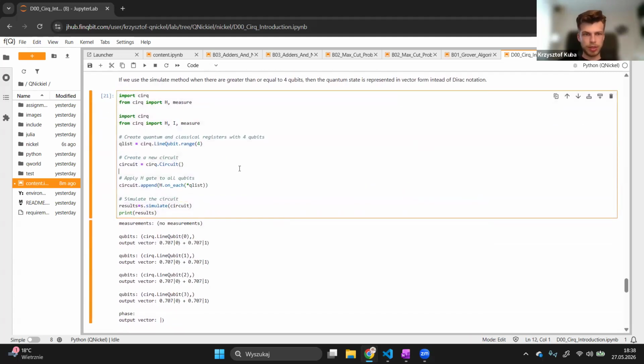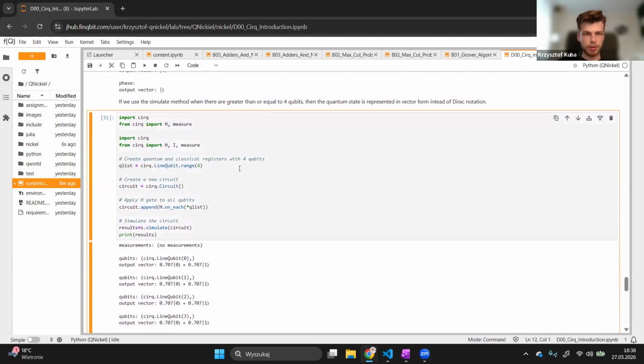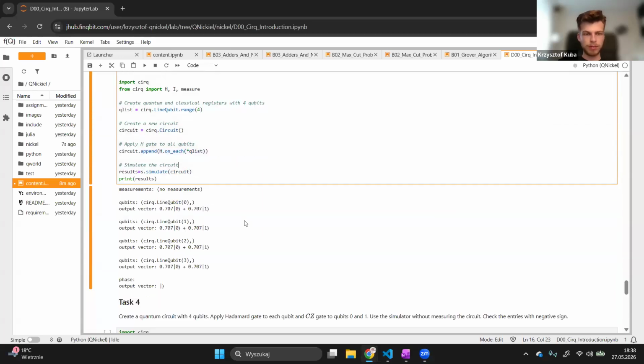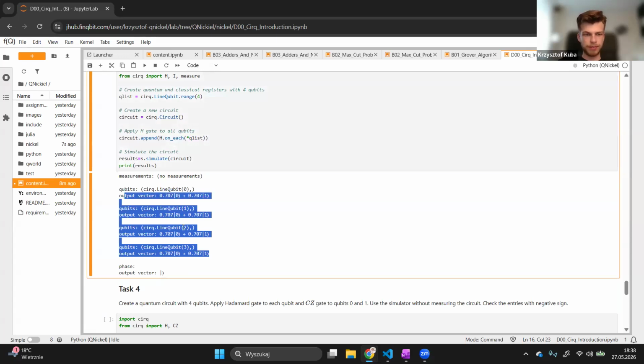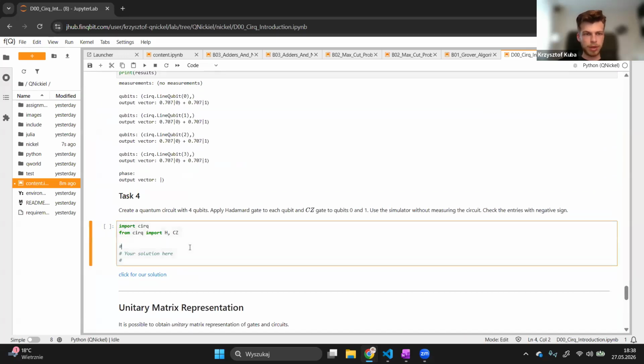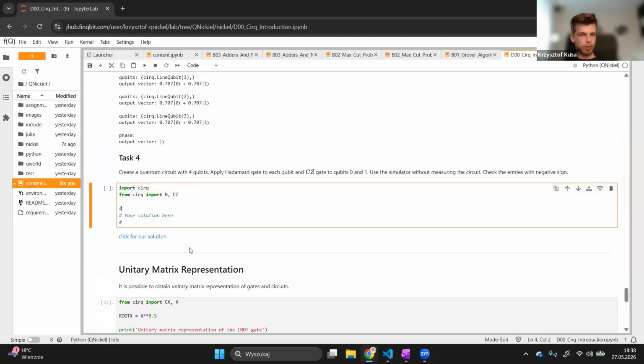And we can also do this with more qubits, like range 4, and applying Hadamard gates on each qubit. It's very similar. So in task 4, you have to create a quantum circuit with 4 qubits, apply a Hadamard gate to each qubit, a controlled Z gate to qubit 0 and 1, use the simulator without measuring the circuit, and check the entries with negative sign.